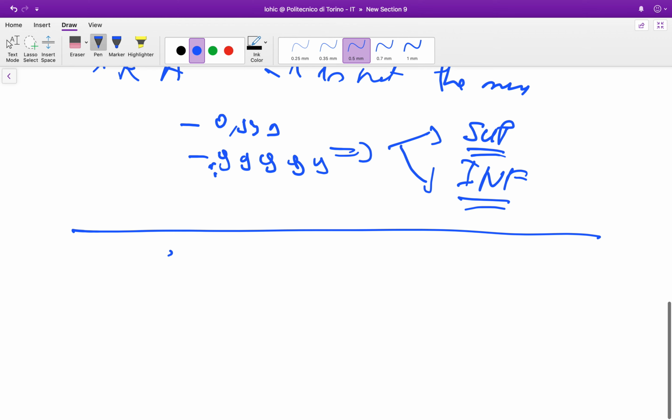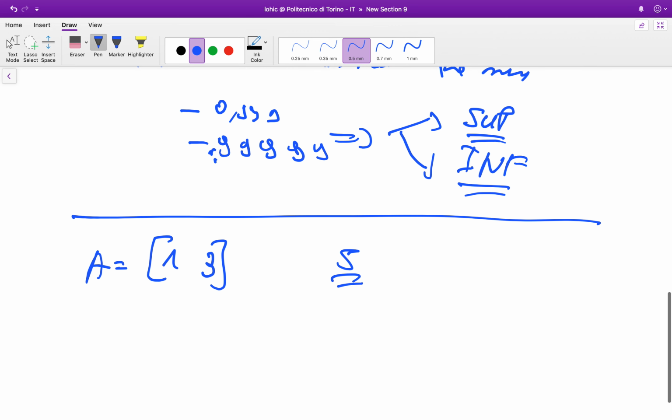Suppose that I give you the set A going from 1 to 3. If I take 5, what can you say? Is 5 the maximum of this set? No, because 5 doesn't belong, right? But 5 satisfies the second condition of the maximum: 5 is greater or equal than any element in the set, yes or not?